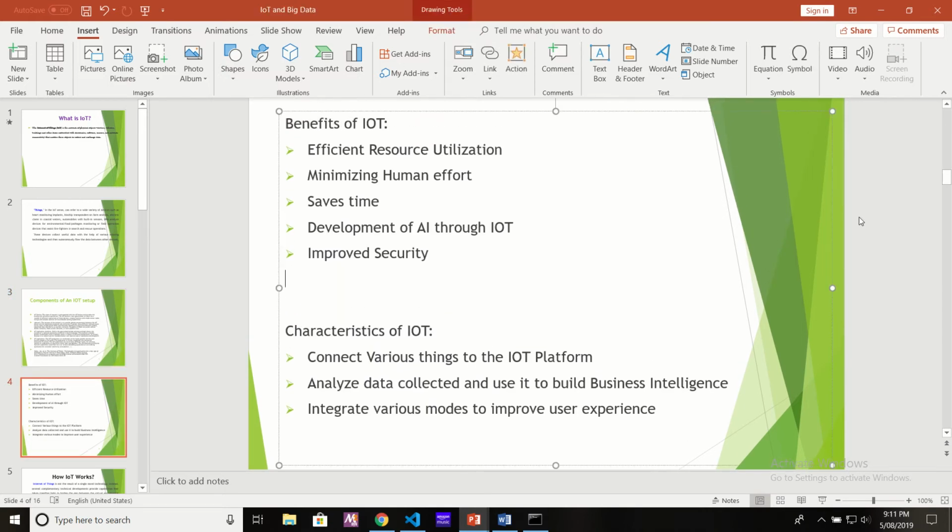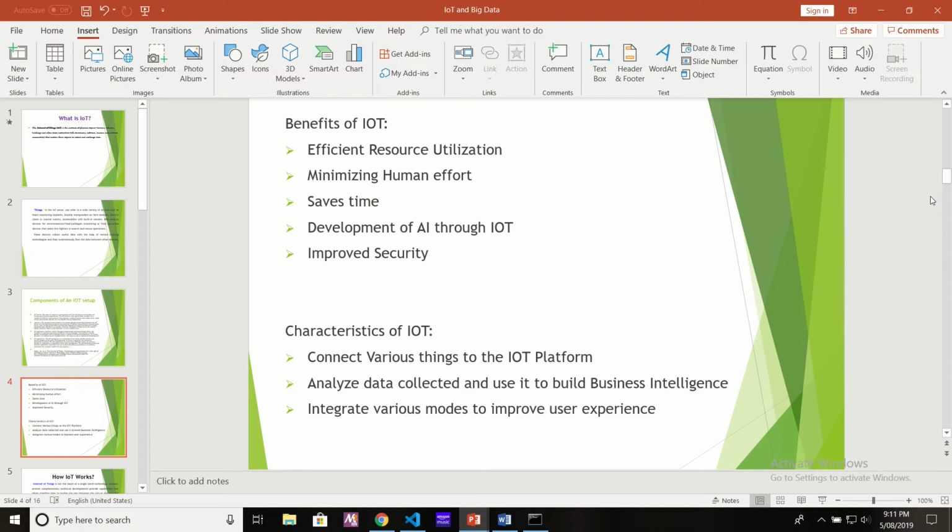Okay, benefits of Internet of Things: efficient resource utilization, minimizing human effort, saves time, development of AI through IoT. So within IoT, when every device is connected to the internet, you're getting huge amounts of data, and you're storing huge amounts of data. So you have to go through all that data to find what is useful and what is not useful.